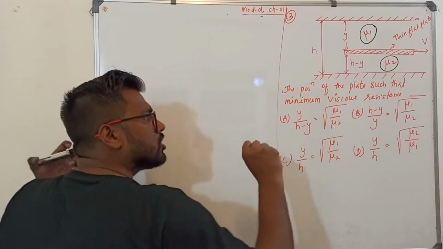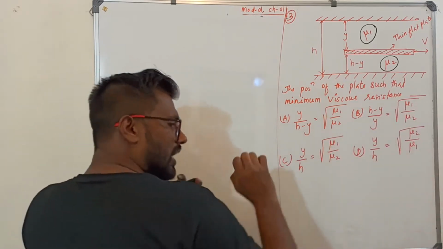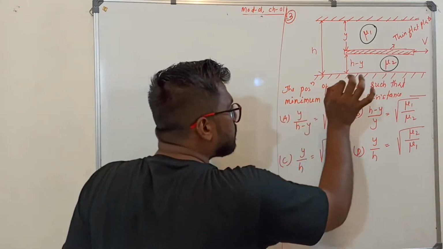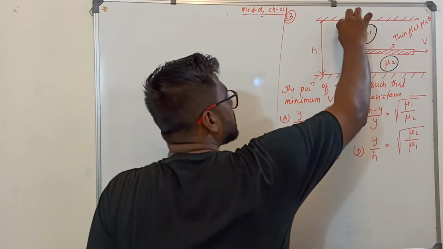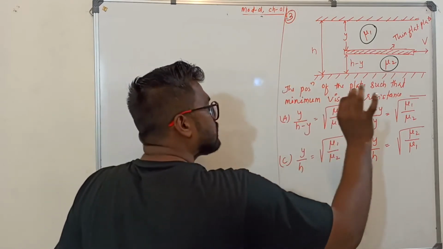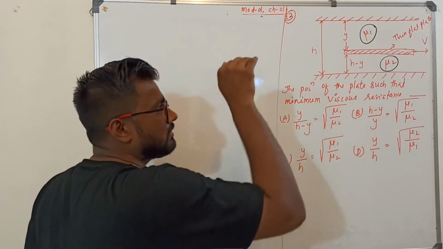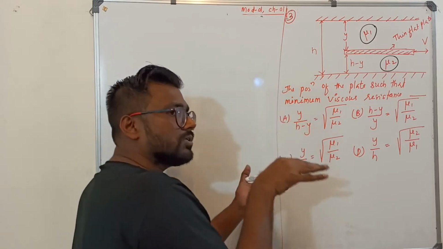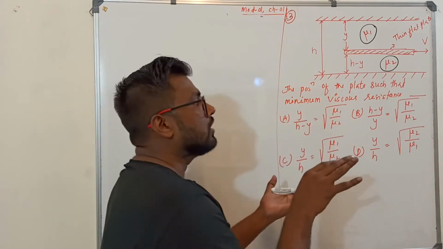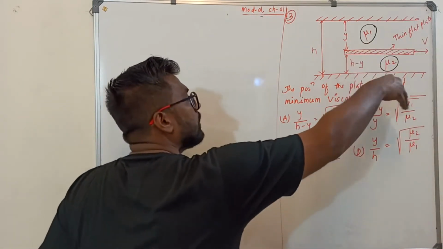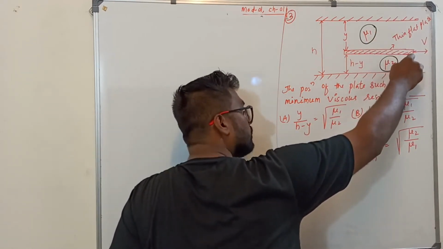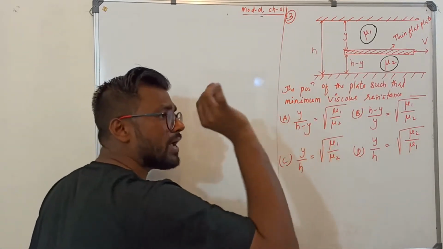Now you are moving the plate slowly and uniformly. What they are asking is the position of the plate. What should be the relative distance of y and h minus y, such that the viscous resistance, the shear force acting on the plate by the fluid on the top and by the fluid on the bottom, is minimum?